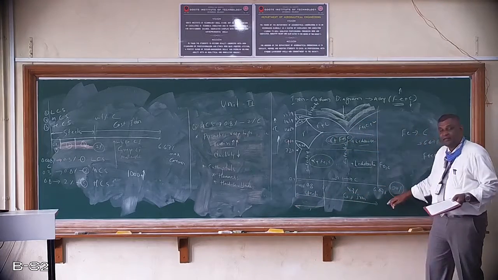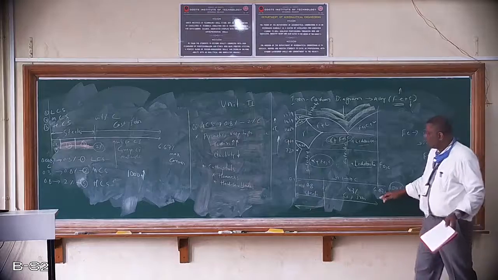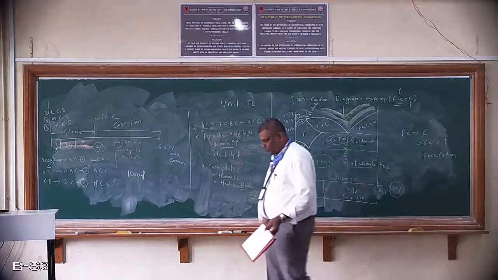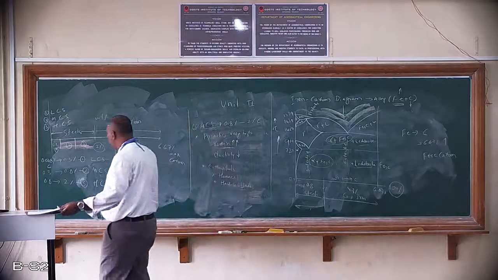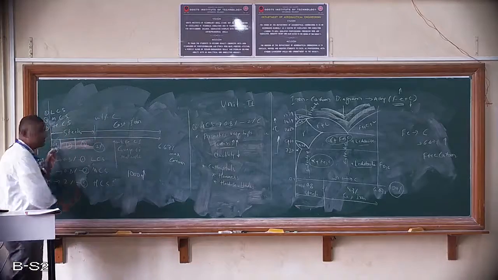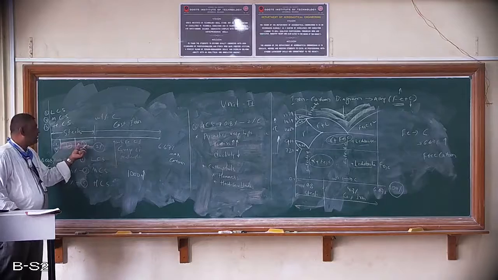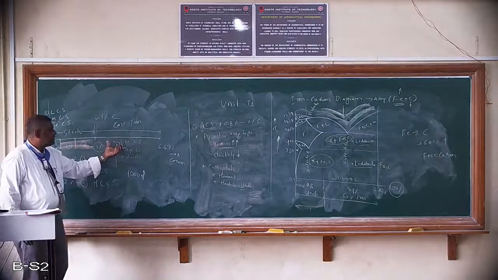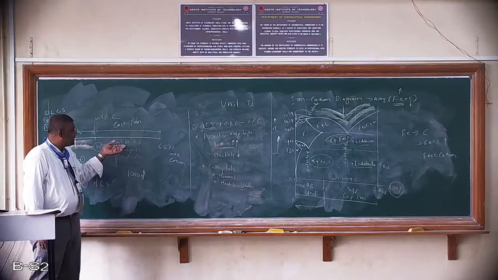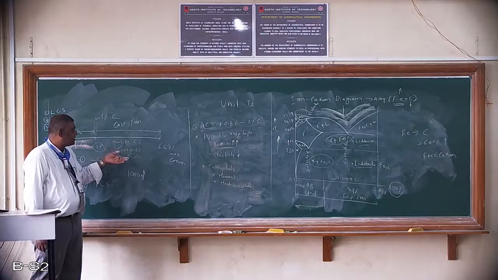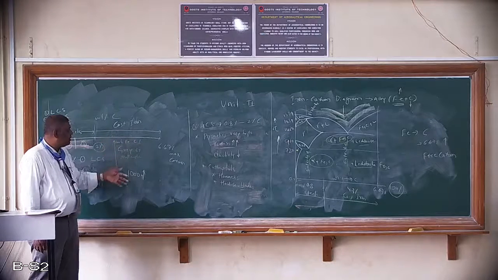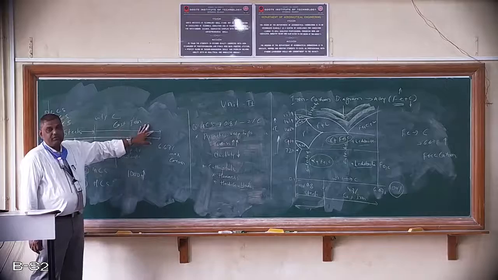Beyond this, it is cast iron. The steel is further classified as low carbon steel, medium carbon steel and high carbon steel. And this side is cast iron. Cast iron consists of white cast iron, grey cast iron, malleable, all these are again classifications of cast iron.